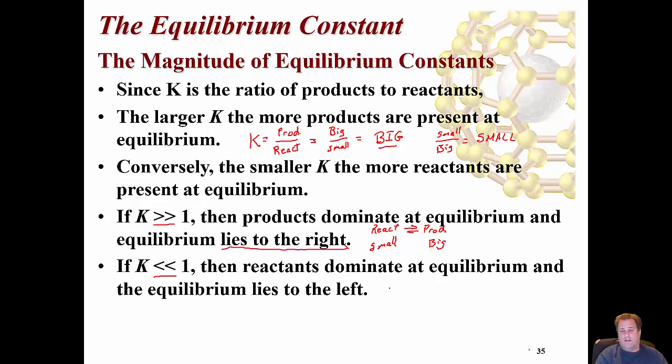And again, it's all relative because you might start off with very small amounts of both of them, but at the end, right, it's the comparison of how much you have, or the ratio of one to the other. And once again, we're using the phrase "lies to the," in this case, left, because the left side of the reaction is where the reactants are.